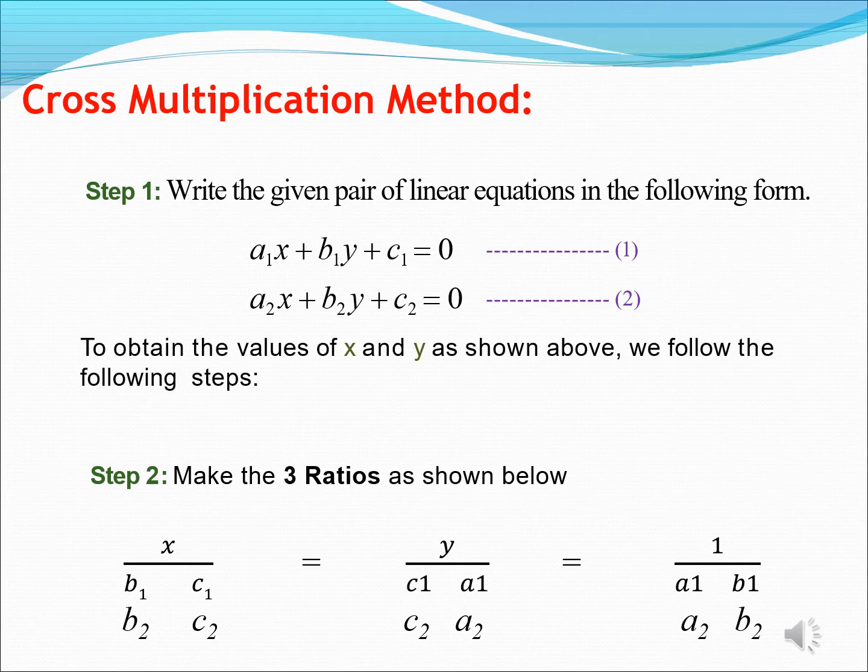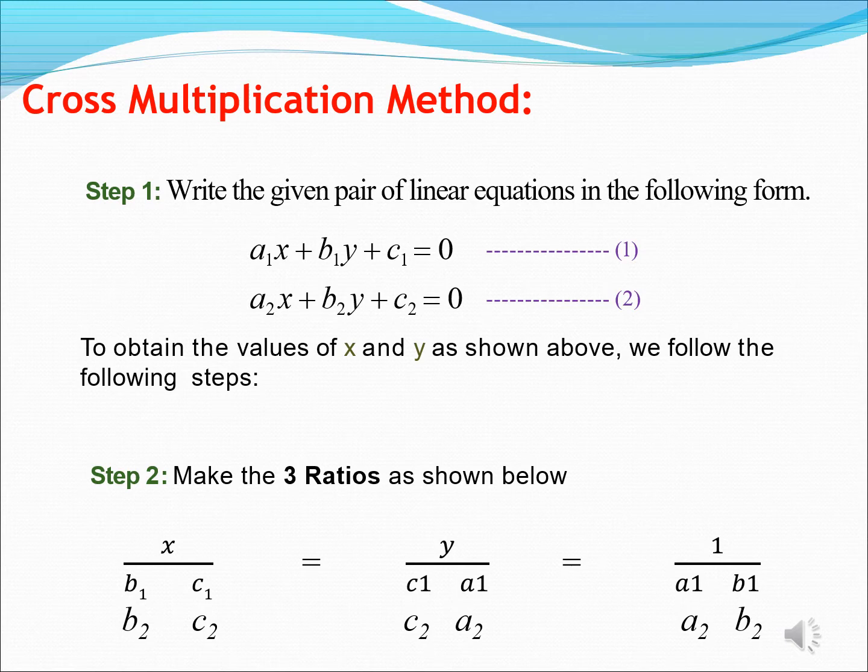How to actually write? In the step when you have written the two equations, just hide the part of the x variable. Then you will be having b1 c1 and b2 c2 in order. That's what you have to write in the denominator of x ratio. Similarly, hide the y variable in the equations written in step 1.